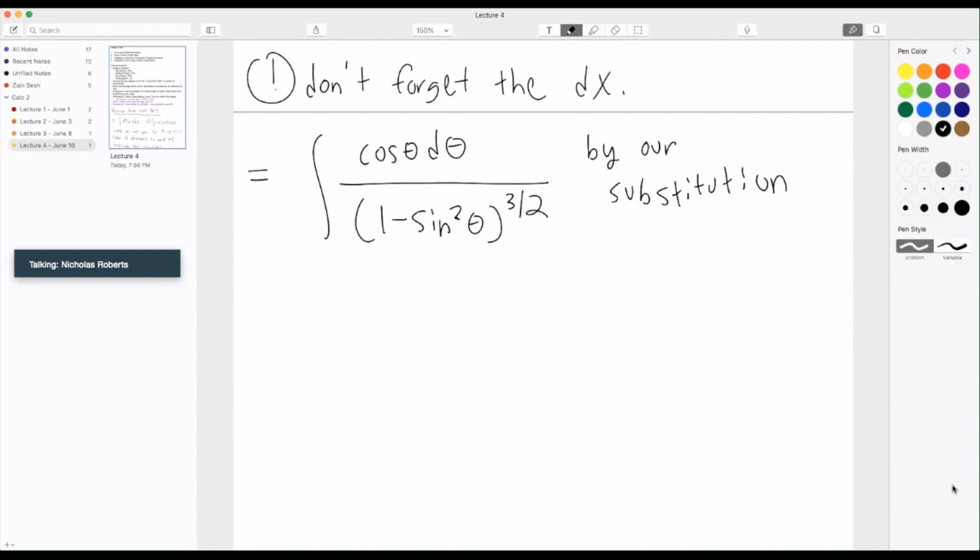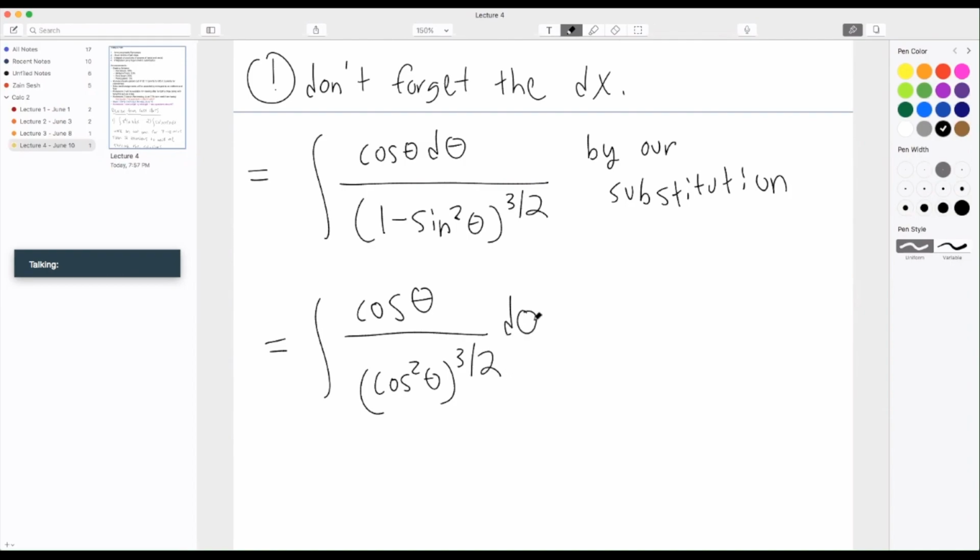Cool. So the 1 minus sine squared theta, this will become a cosine squared theta. So the denominator will just be cosine squared theta, that thing raised to the 3 over 2. Okay. So this is by trig identity. I just rewrote this 1 minus sine squared as cosine squared.